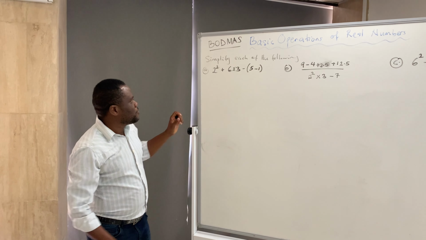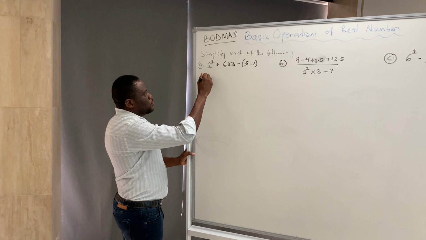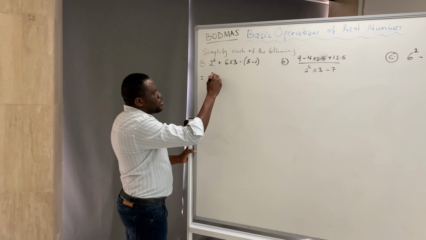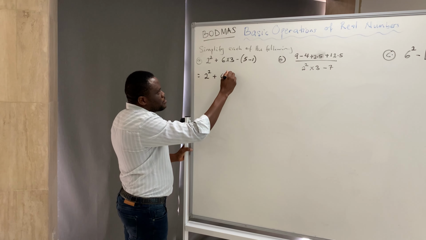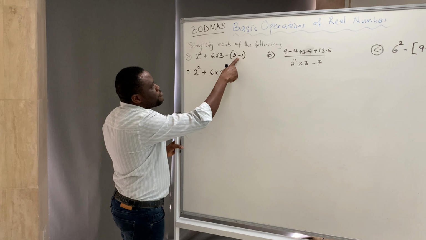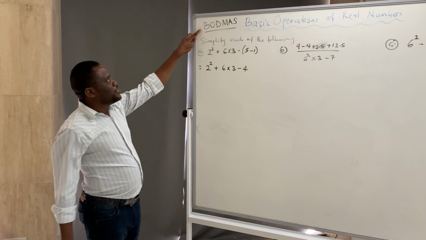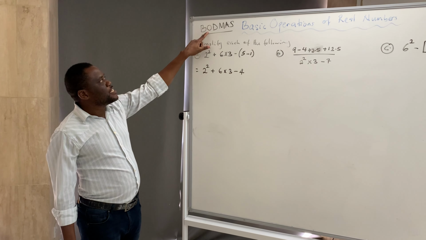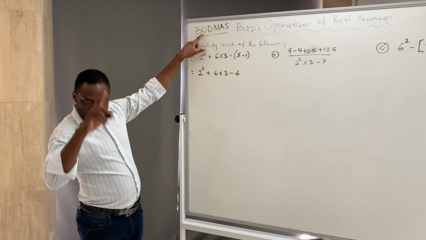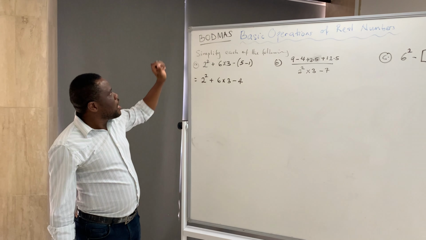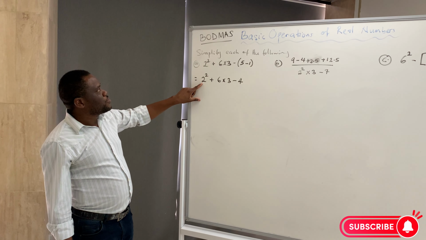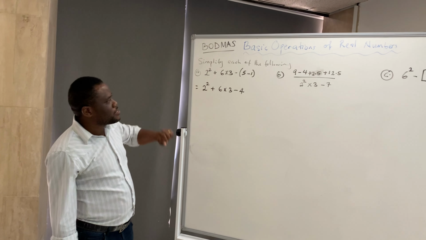So I have to open this first. So I have 2 squared plus 6 times 3 minus 5 minus 1 is 4. I have done this. This is like of, that is exponent. So I want to use exponent next.